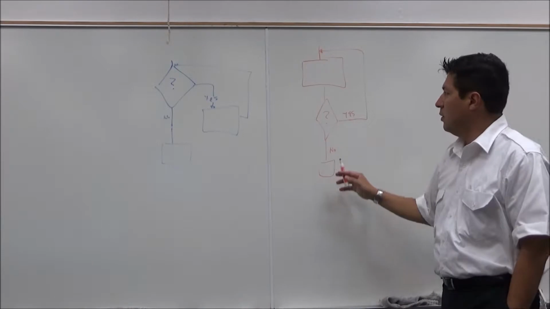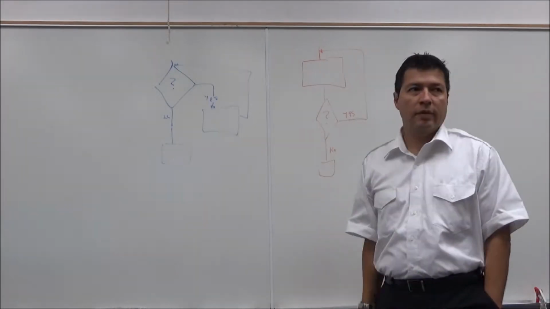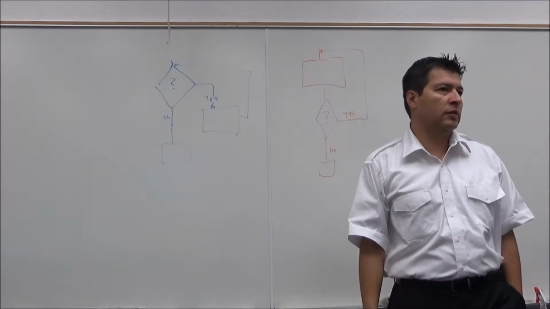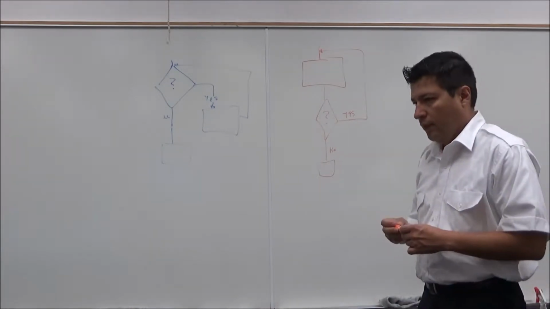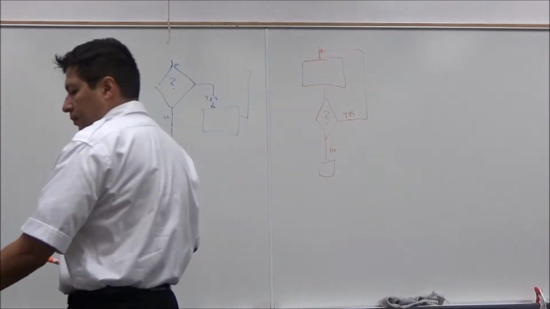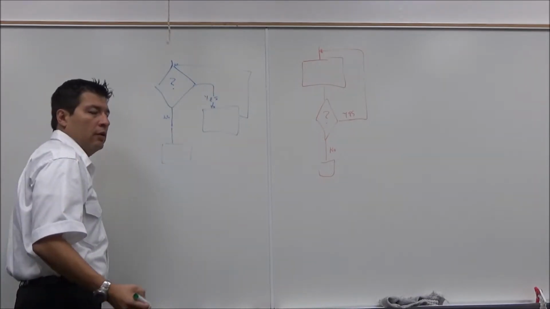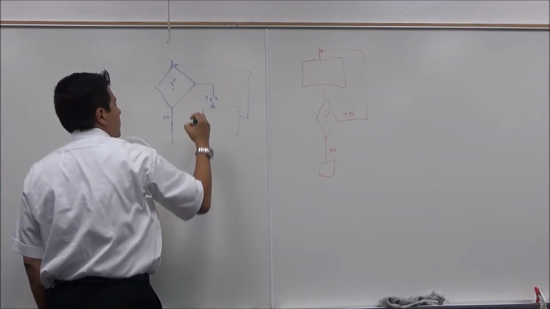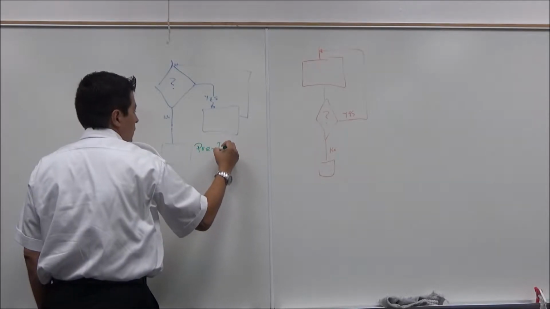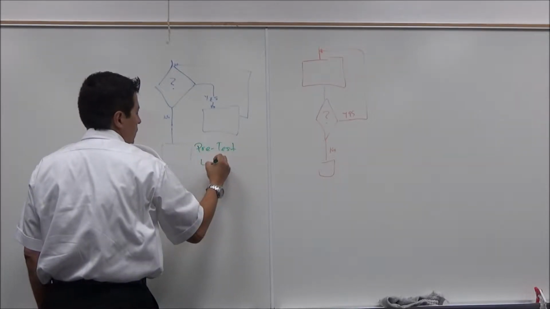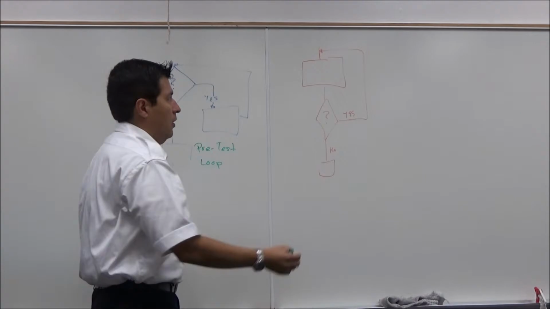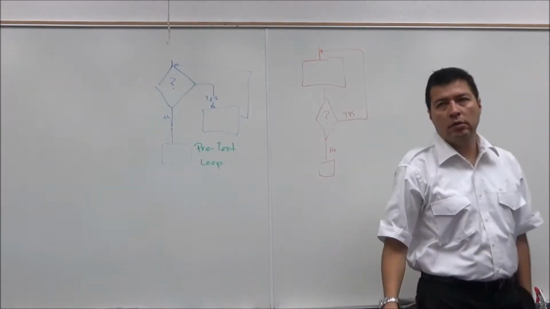So that means this code is always executed at least once. So the while loop, we ask first, right? So this is a pre-test. And this we ask the question later.